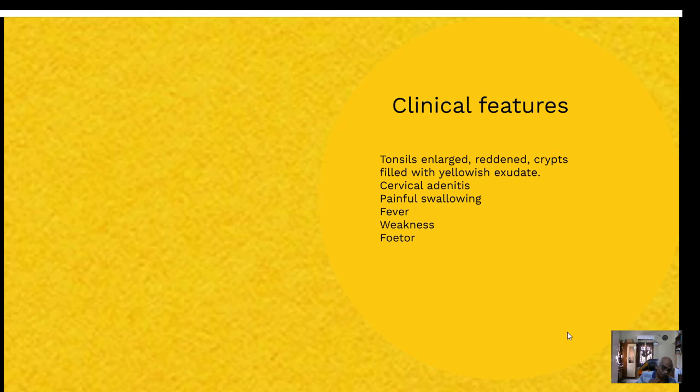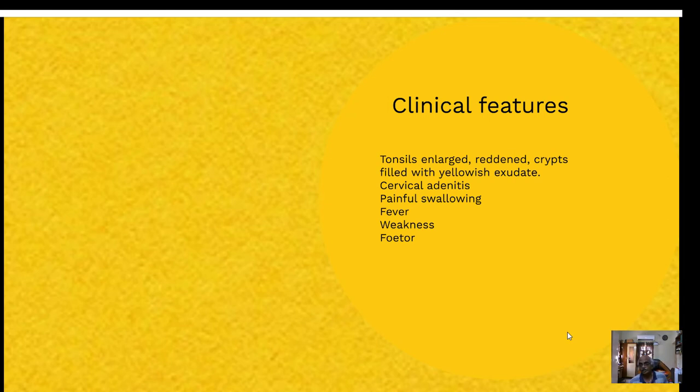Fetor or foul breath is caused by enlarged adenoid tissue causing nasal block. Whenever there is a nasal block, as I already told you, the patient starts to breathe through the mouth. When the patient breathes through the mouth, there will be drying of the oral mucosa. The oral mucosa is not designed to humidify air. So when there is drying of oral mucosa, foul breath will result.